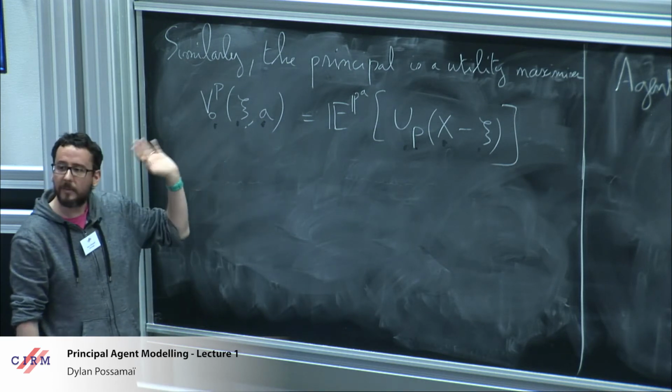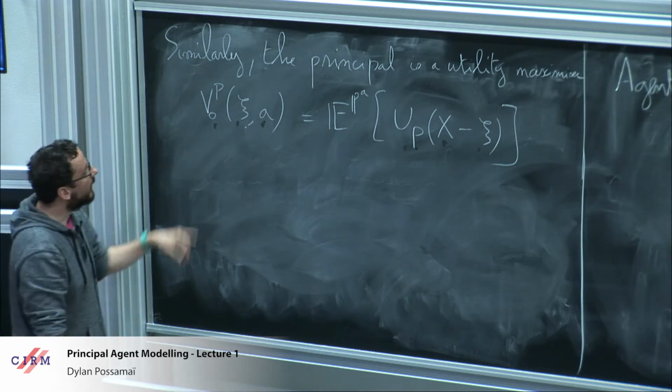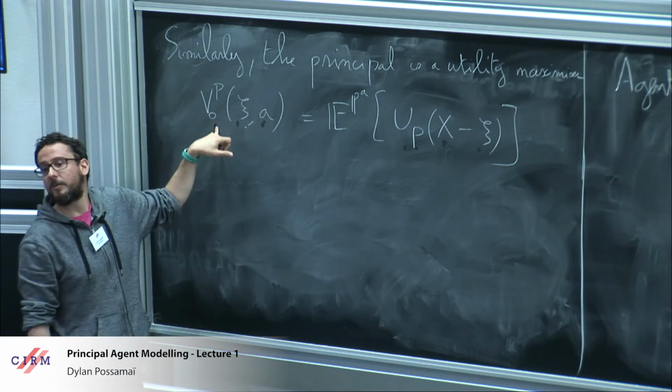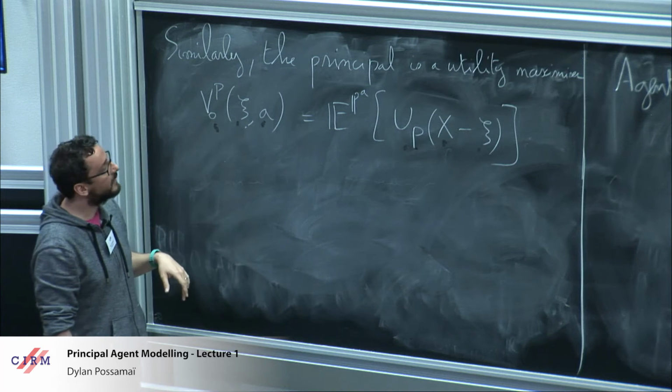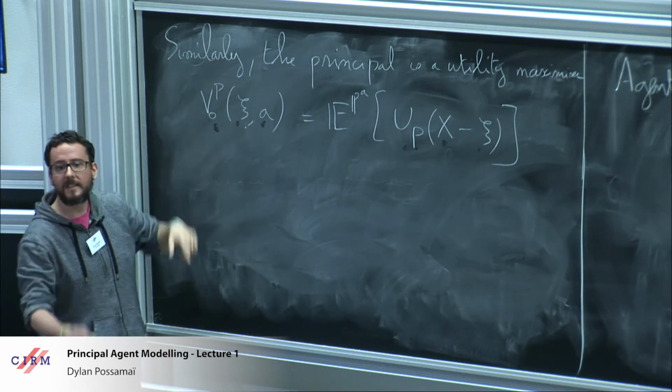We know how everybody computes his or her utility. Now, what is the problem that the principal solves? And here, the problem that he's facing is going to depend, as I, yes?